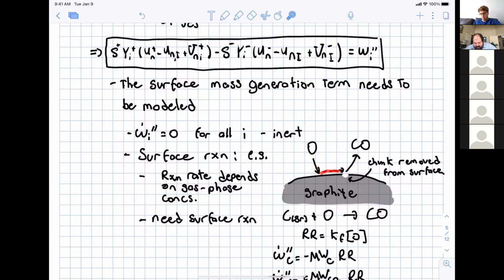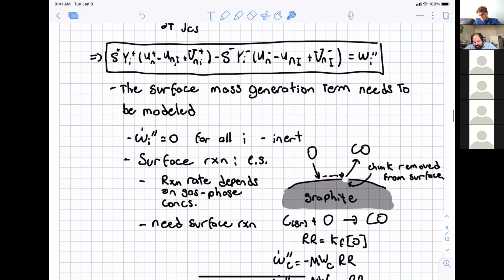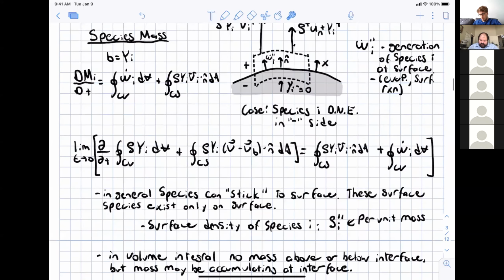Then after some time, it reacts chemically, and it produces a CO. And as it produces the CO, the oxygen molecule has attacked the carbon graphite, and it tore out a small chunk with it. Okay, and so those are examples of surface reactions. These processes occur only on the surface. They do not occur in the volume above or below the surface. And so we do need to account for those in our control volume.